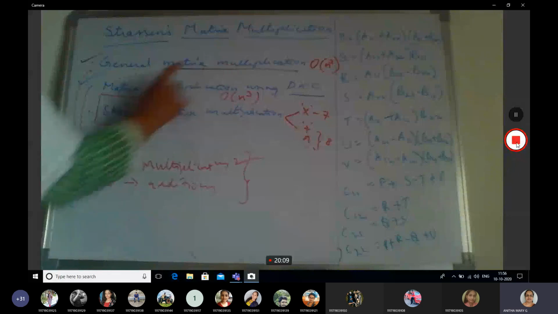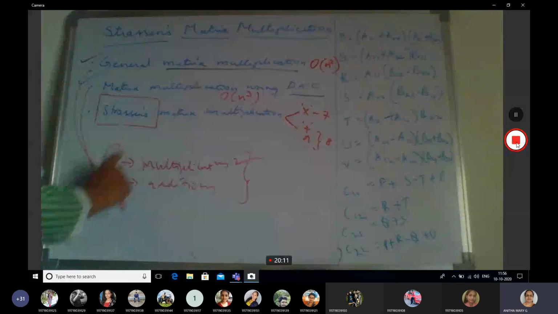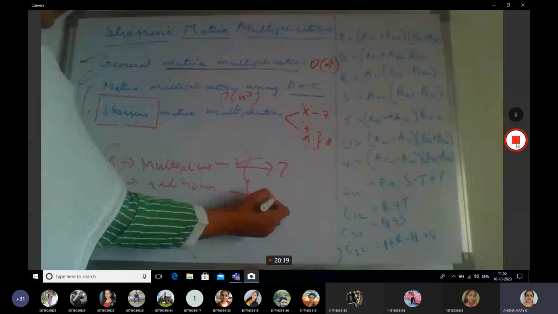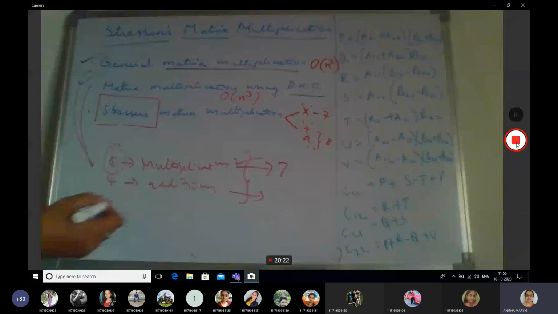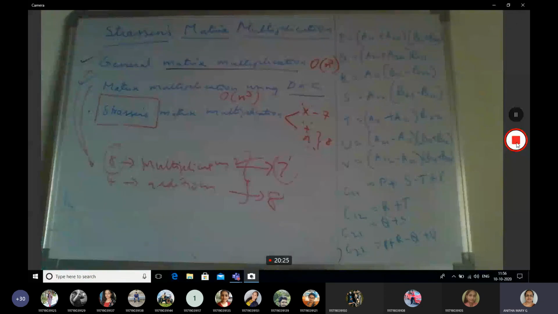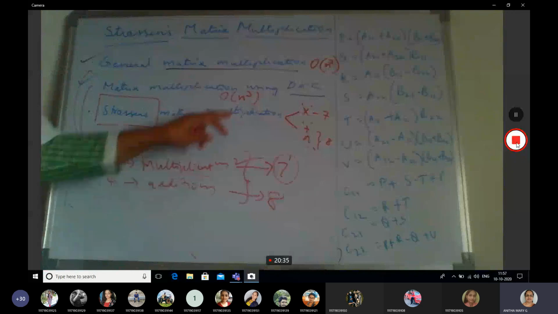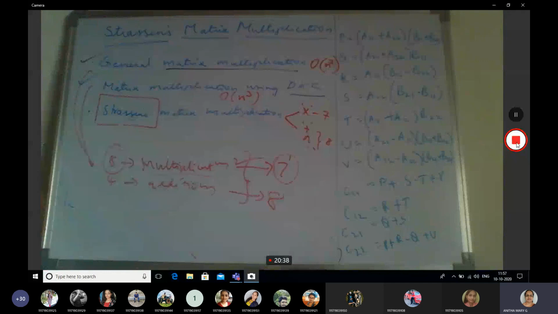But Strassen reduced 8 multiplications into 7 multiplications, and the number of additions and subtractions is larger, but since the time complexity is mainly based on matrix multiplication only, if the number of multiplication operations is reduced, the time complexity can be reduced. He focused on this and came out with some results.